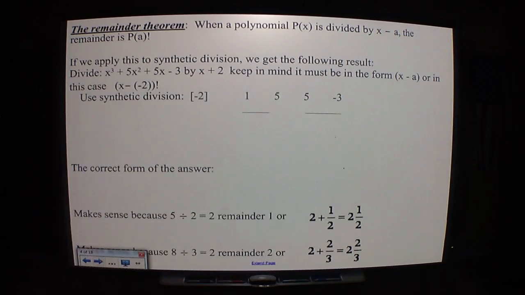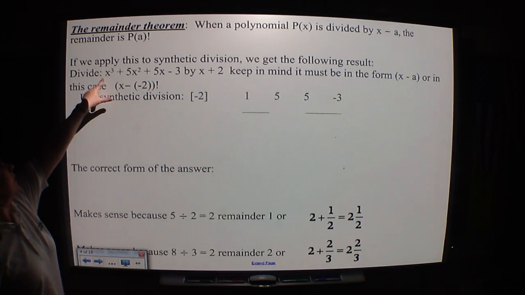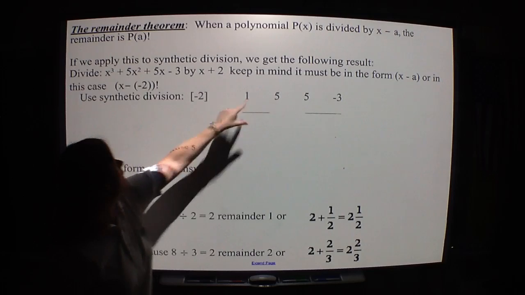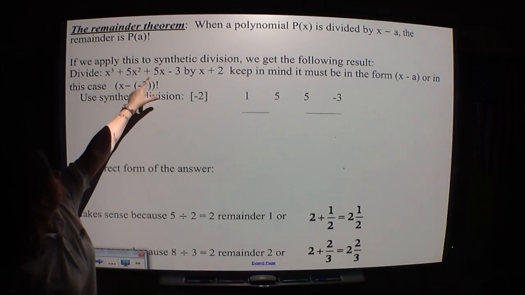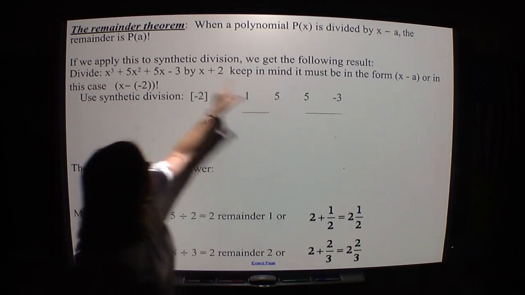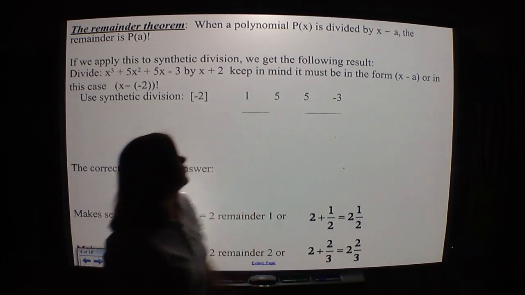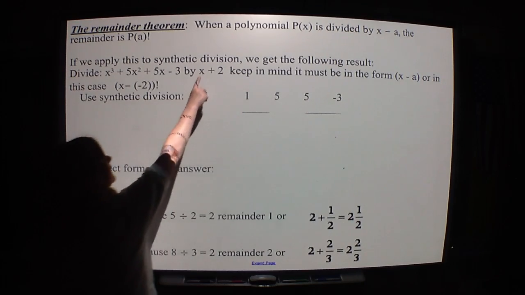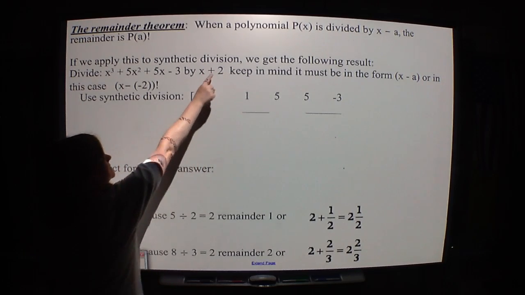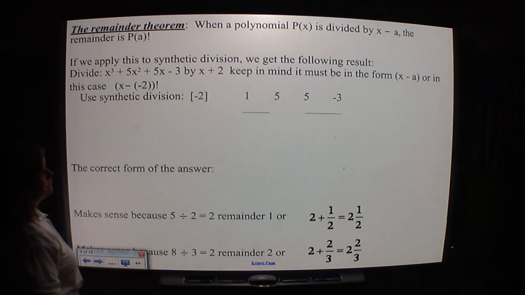Remember with synthetic division, I would write 1, 5, negative 3. So I write all the coefficients. I'm dividing by x plus 2, so this is always the opposite sign of that.